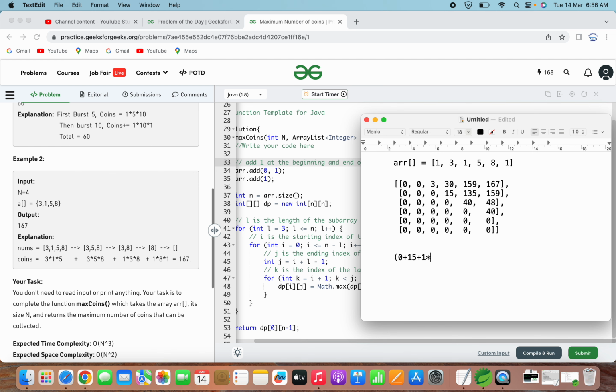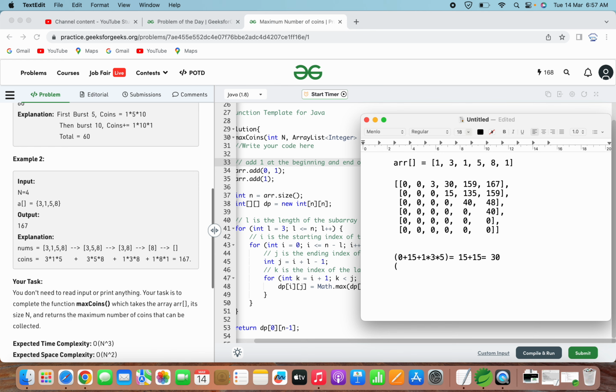Then 1 into 3 into 5, so it will be 15 plus 15, that is equal to 30. This is one combination. In the second combination, we added 0 and 15 here.